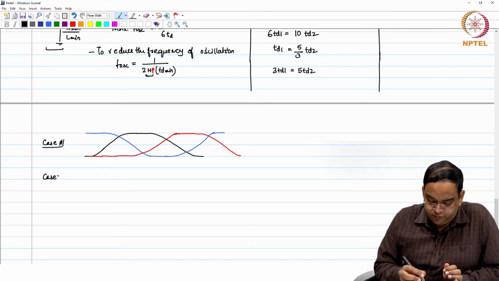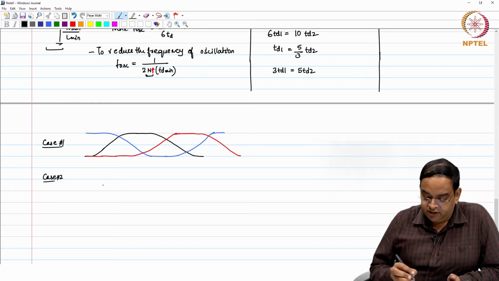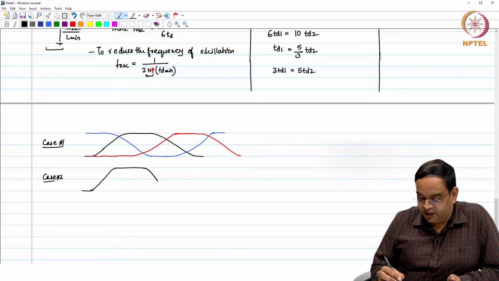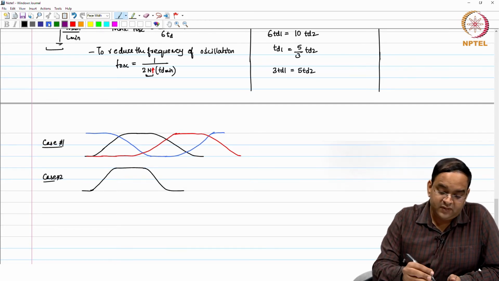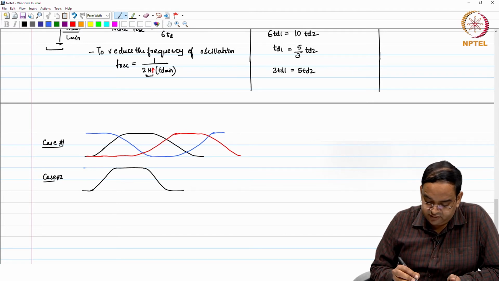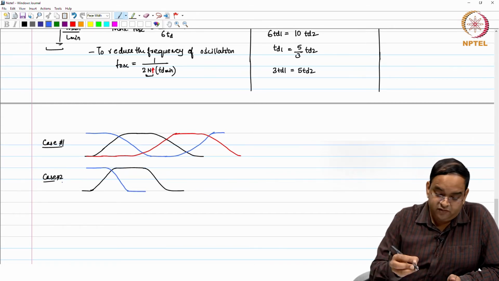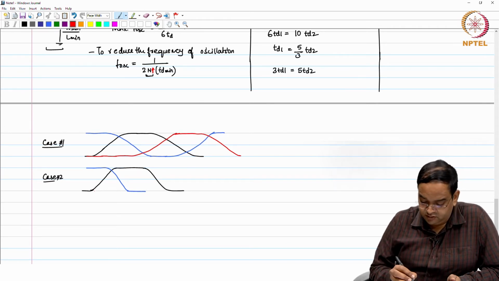In case 2, these waveforms will typically have a shorter rise and fall time. If this is the case, I have to accommodate 5 of such waveforms. So, let us see if I can do that.